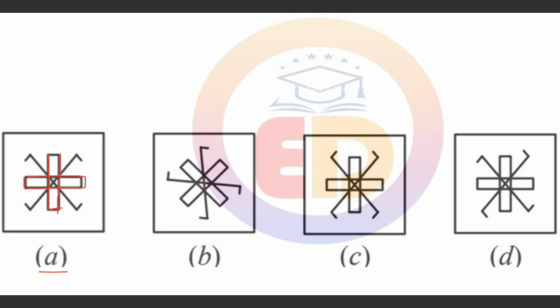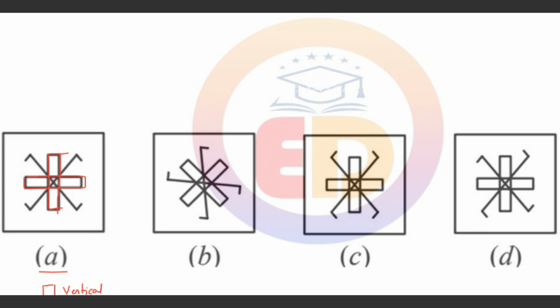So I have two rectangles here, a vertical rectangle or a standing rectangle and a horizontal rectangle, or we can say a sleeping rectangle to understand, which intersect each other at the center.